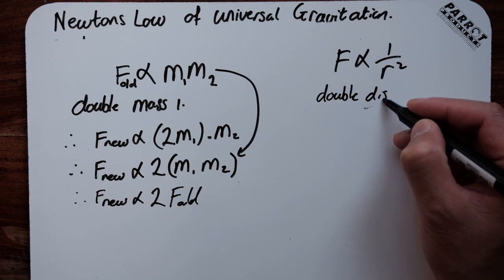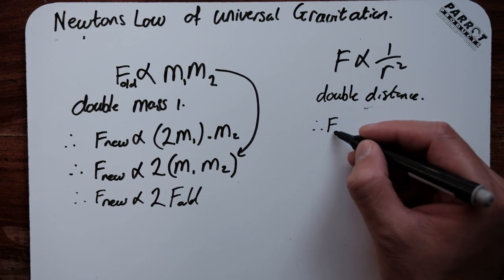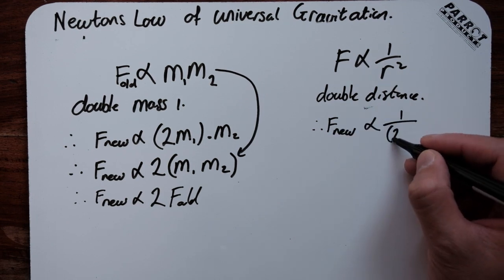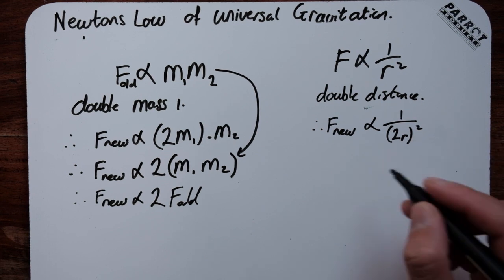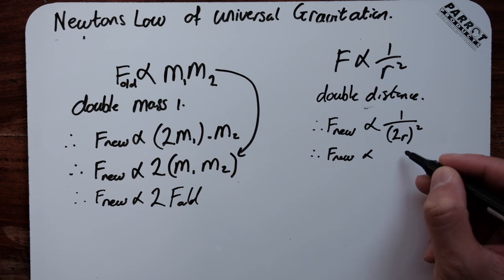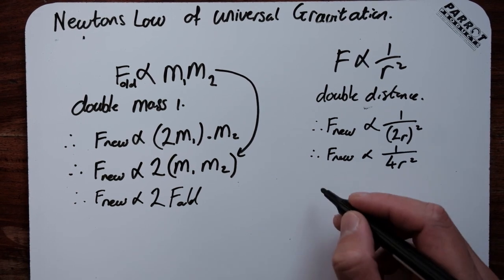Now, let's have a look at what would happen when we double the distance, double R, the distance between the centers. So the new force would be proportional to 1 over 2R squared. Now, when we work this out, we get 4r squared. Does everyone follow that?